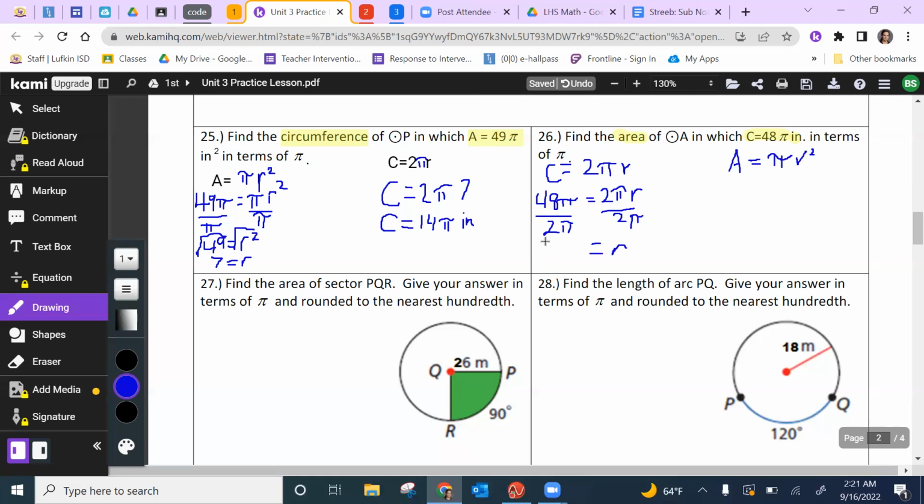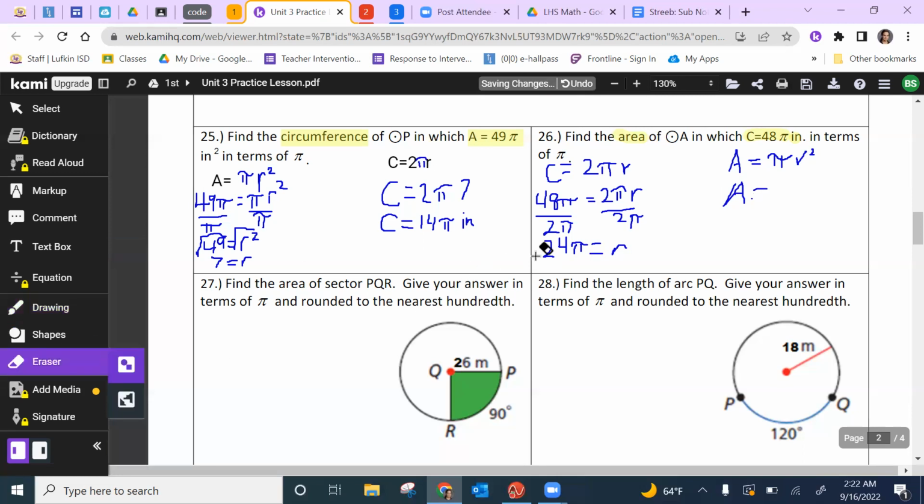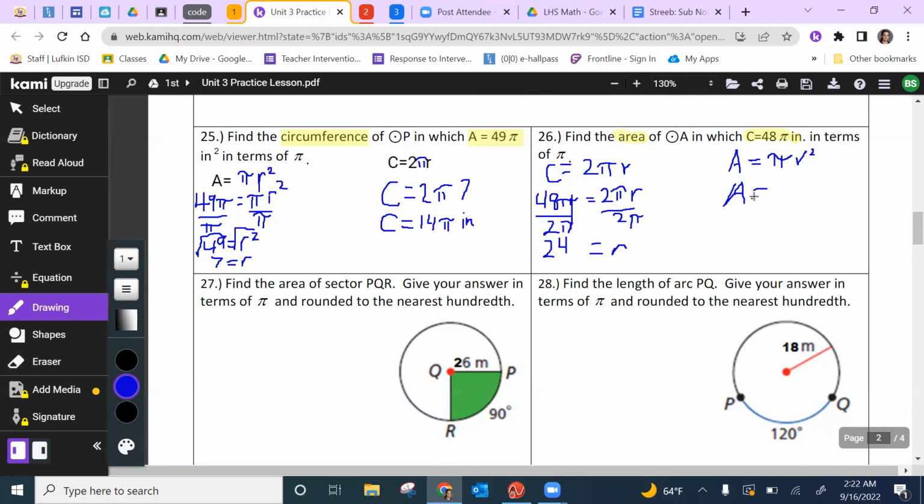That leaves us with 24 pi. Sorry, it doesn't leave us with 24 pi, it just leaves us with 24 because the pi's cancel out. So we're going to plug that 24 in for our radius.